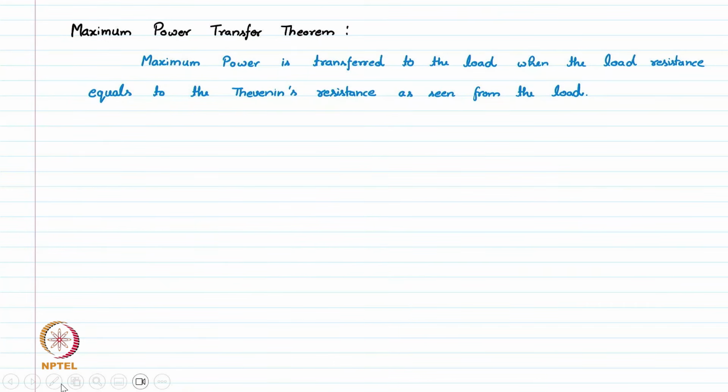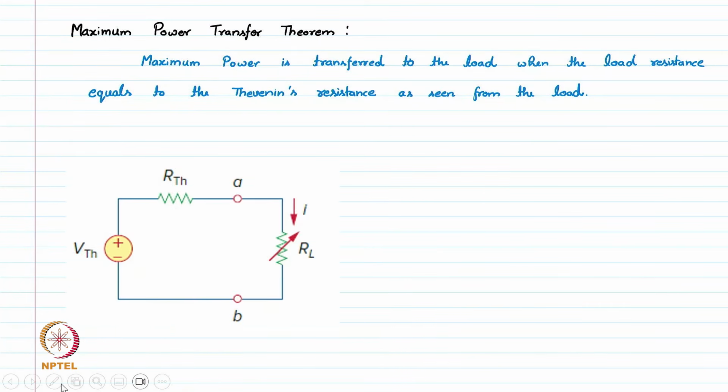So, let us see how it looks. For example, we have this voltage source VTH and we have this RTH, which is the equivalent resistance of the entire circuit. This whole system can be a multiple element system.